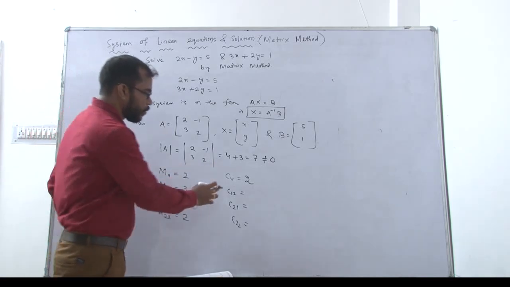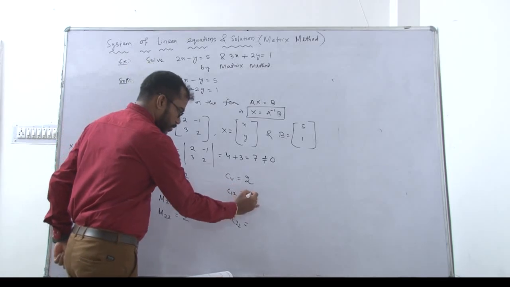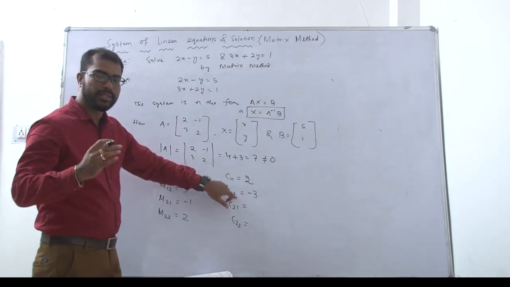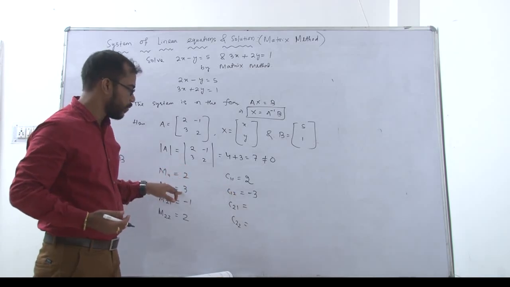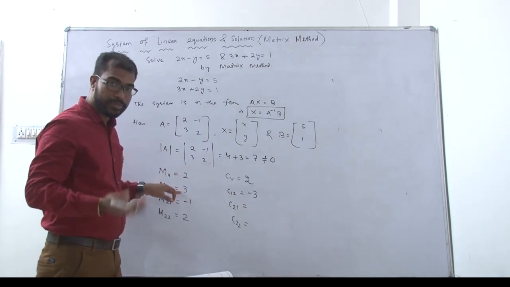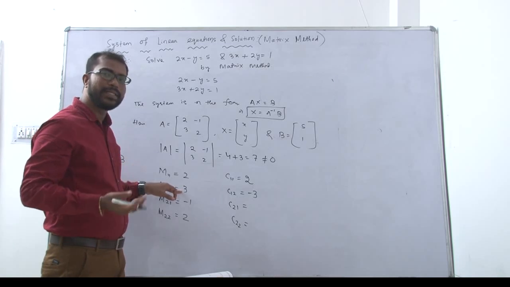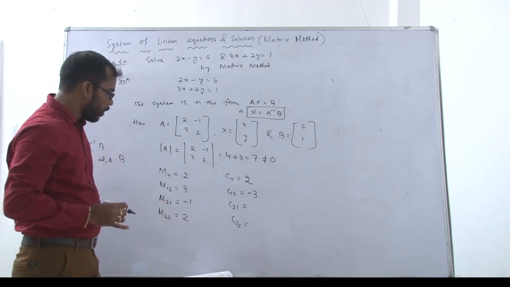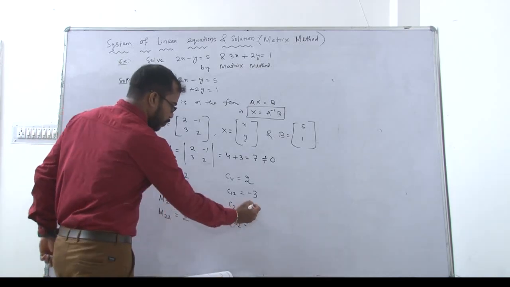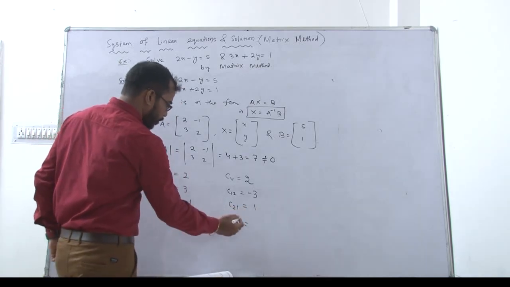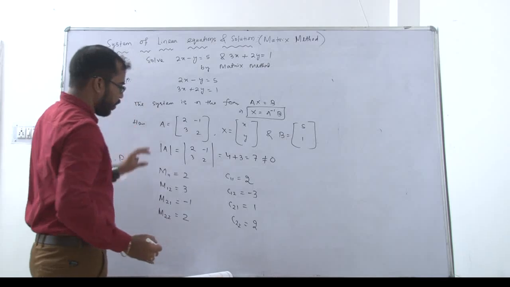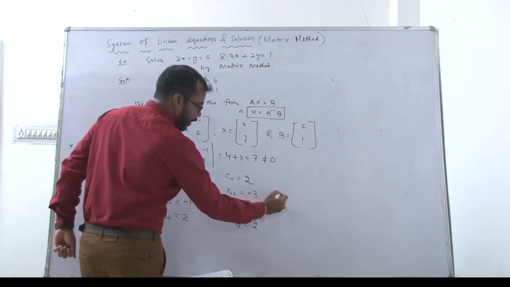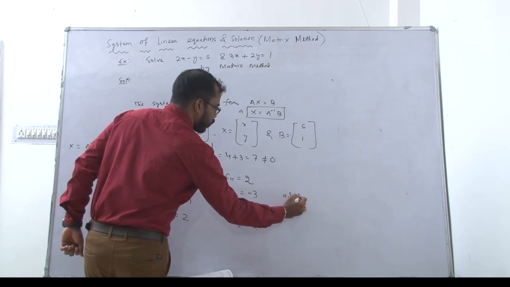And the C12 value changes sign, because 1 and 2 make 3, and 3 is an odd number. So we change the sign. The third one, C21, is +1, and the last one is 2. So these are the minors and cofactors.